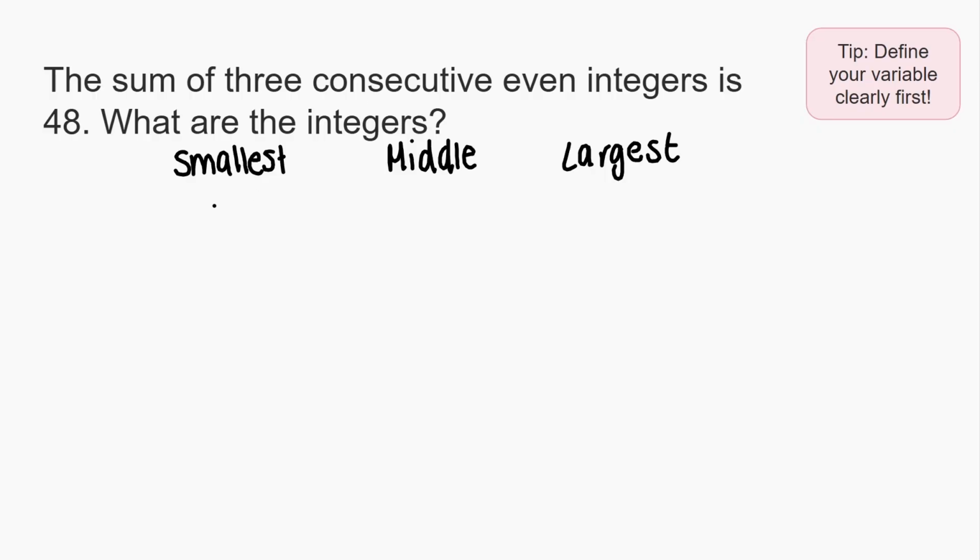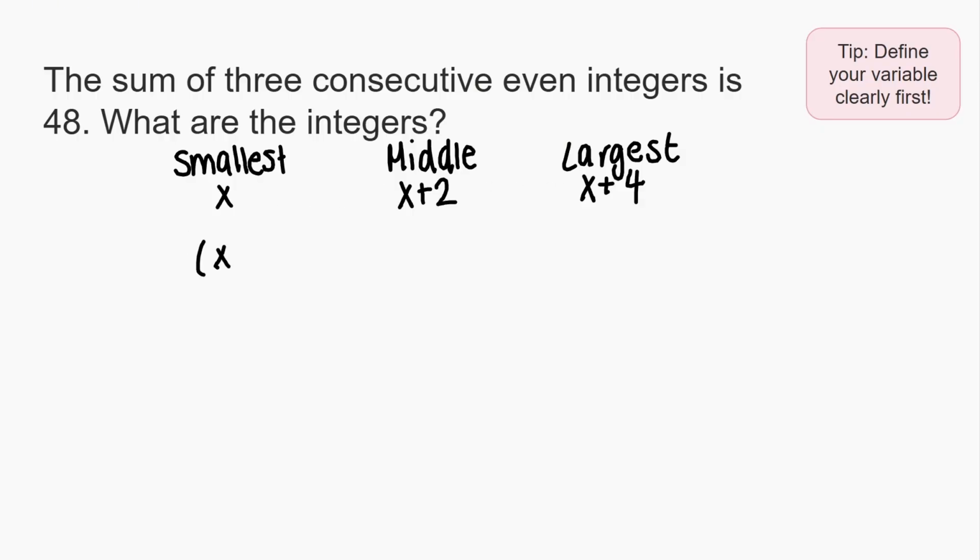So let's say the smallest is x. So the middle value needs to be the next consecutive even integer, which is going to be x plus 2. And if the middle is x plus 2, then the largest has to be x plus 4. And we know that the sum of all of these 3 is going to be 48. So now we can add up x, x plus 2, and x plus 4.